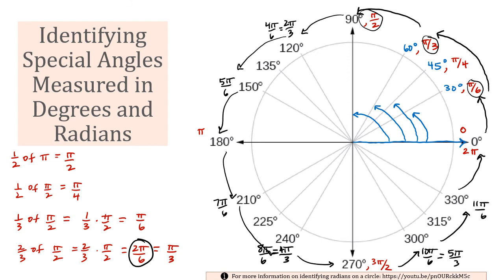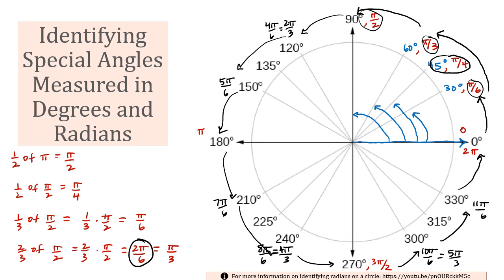All right, let's use that same idea for the 45 degree angles. We said that 45 degrees is pi over 4. If I go another 45 degrees, that takes me to 90 degrees, or pi over 2.